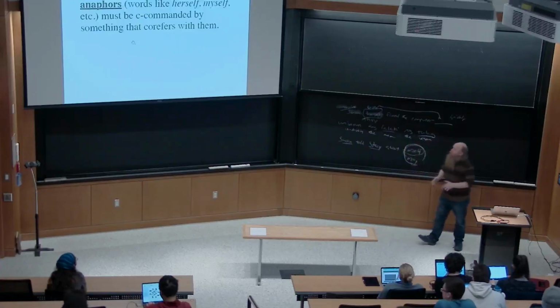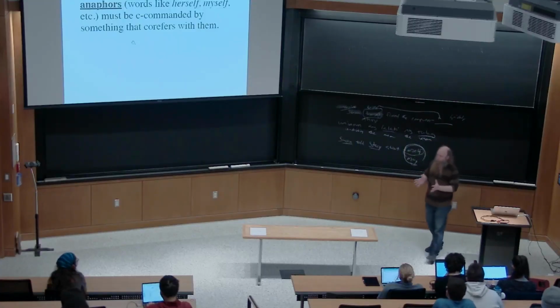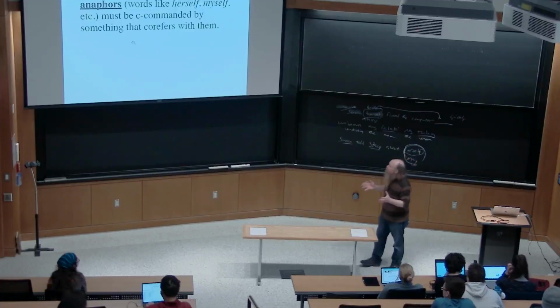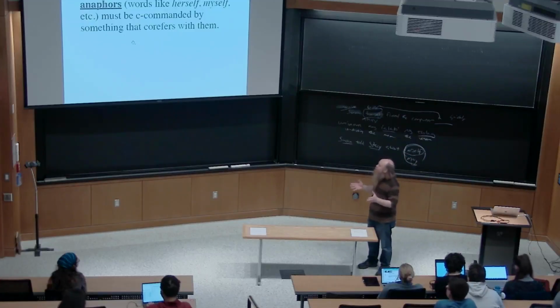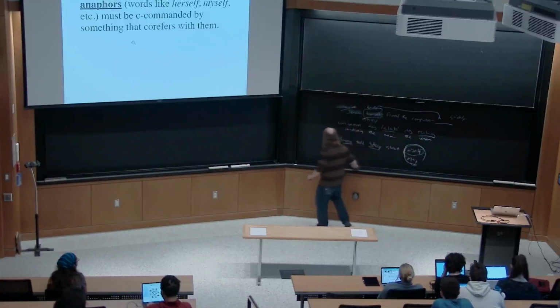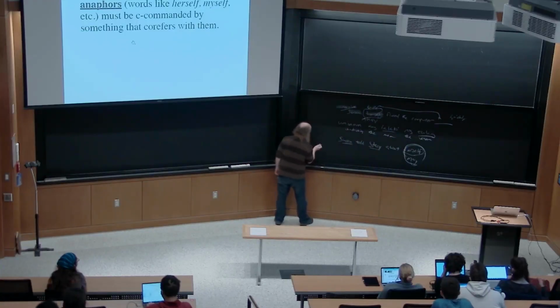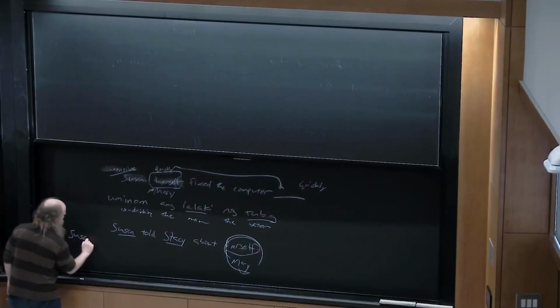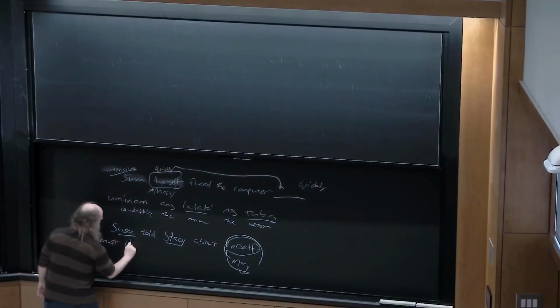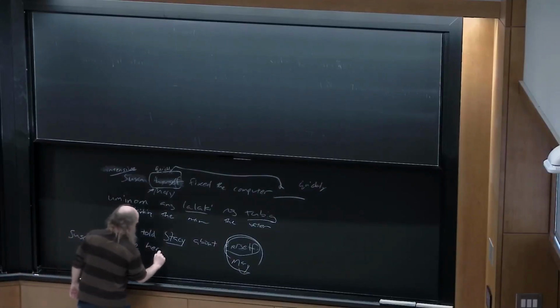So far you may have noticed all of my examples have only been one clause long. We're going to make things more complicated in just a second. But here, just to get started, we've been talking about the fact that you can say Susan must like herself.